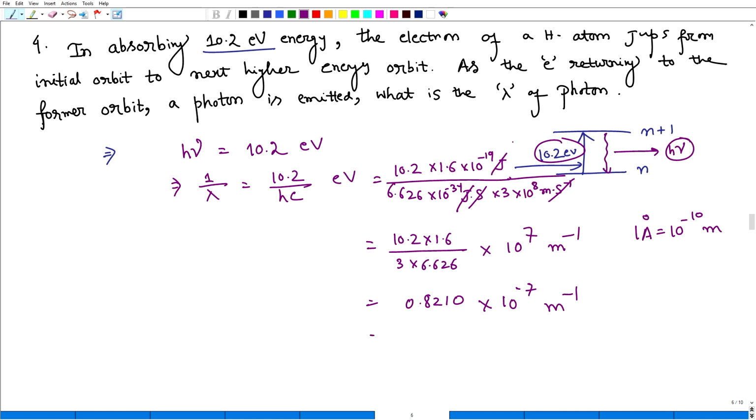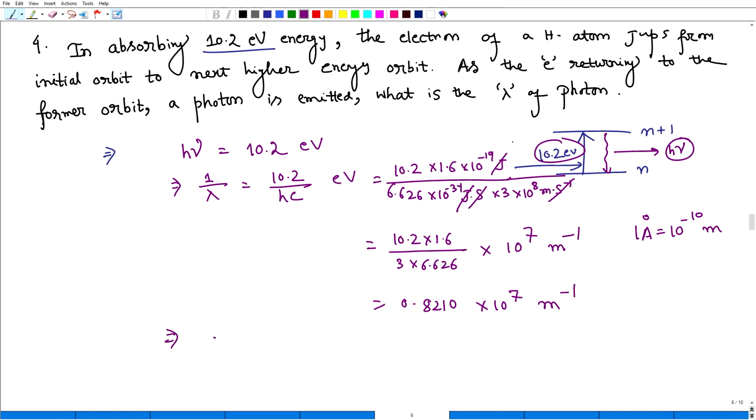So it's 8210 Angstrom, if I'm not wrong. Okay, no. Okay, there is a mistake. This is meter inverse, right? What was the value? It's 0.8210 into 10 to the power 7 meter inverse.